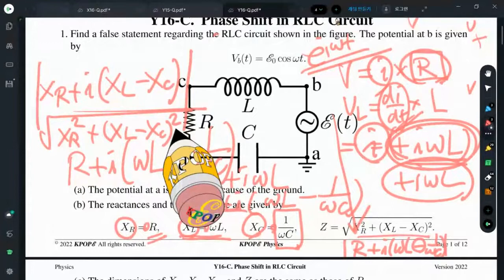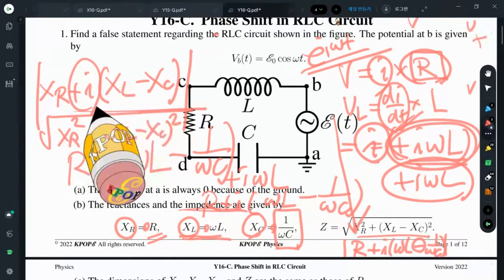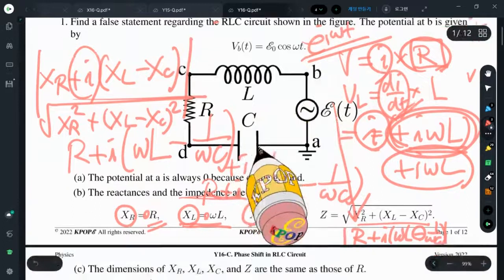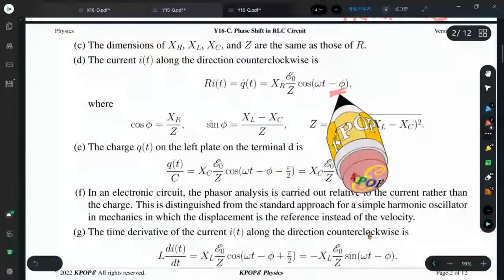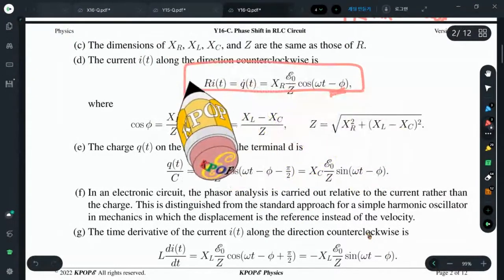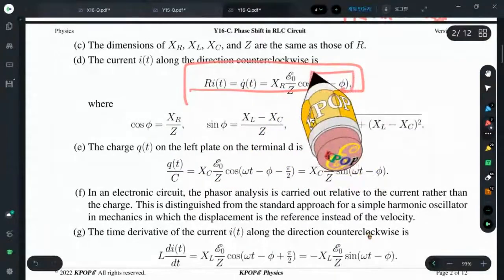Next, we need to consider the real and imaginary parts. From here, we can determine the phase difference relative to the current.